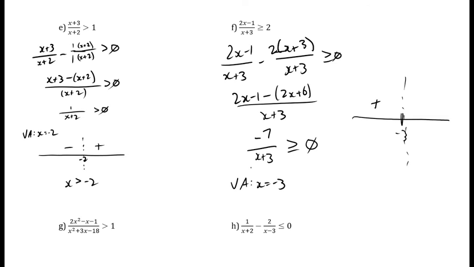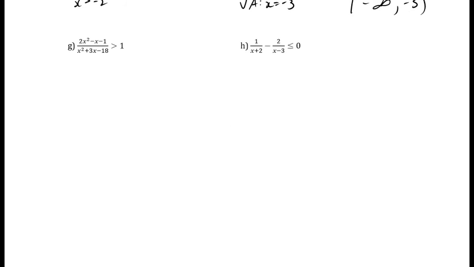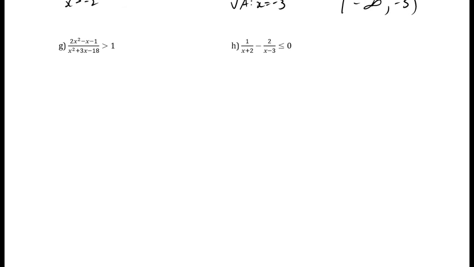And if I make it a big number, then it's negative over positive, so it's negative. And it's greater than or equal to 0, but this is an asymptote, so it won't equal 0. So then my answer is going to be negative infinity to negative 3, exclusive. Okay, two more.